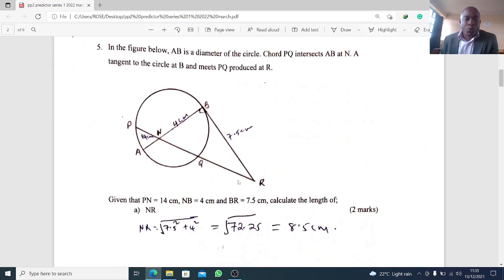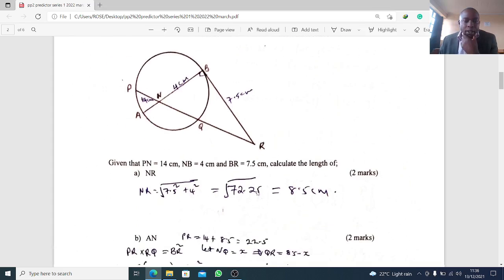Then AN. To find AN, we need NQ. So if we let NQ be X, we use PR times QR equals BR squared.